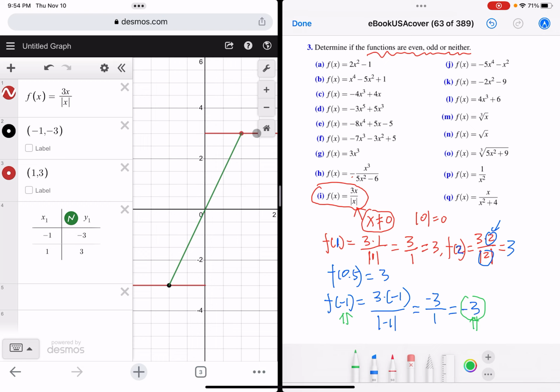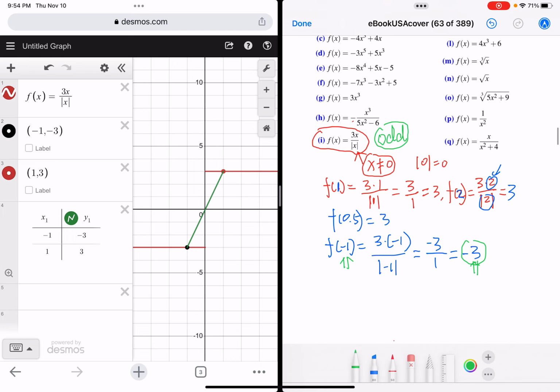So the graph is symmetric with respect to the origin. So in this case, the graph of this function is symmetric with respect to the origin. The answer is: this function is odd. Okay.